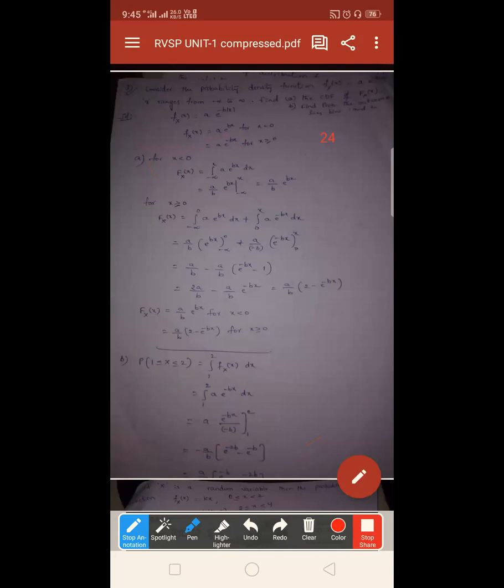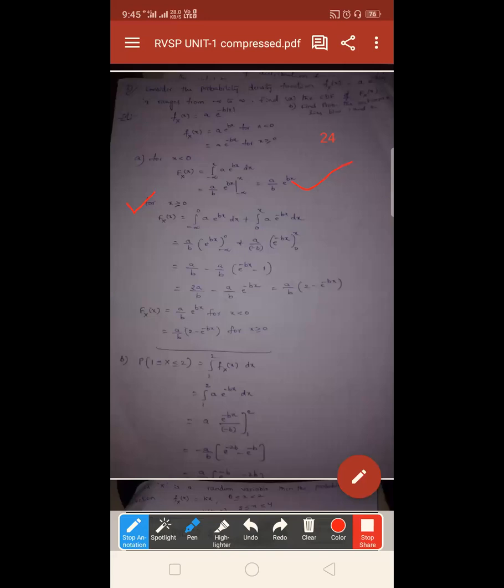Okay, so integral e power bx dx is e power bx by b. Next apply the limits, you will get the answer. Next for the positive values of x you have to solve. This function is cumulative. Cumulative means you have to add all the possible values cumulatively up to the given value. That is the meaning of this word.